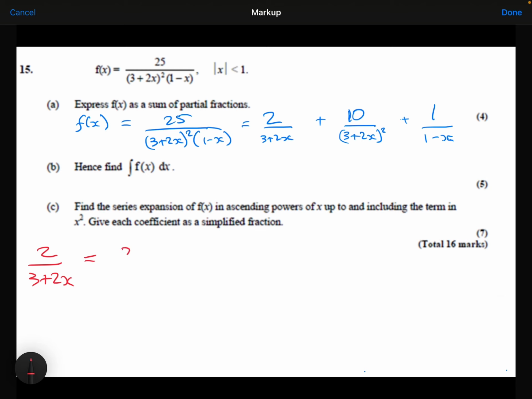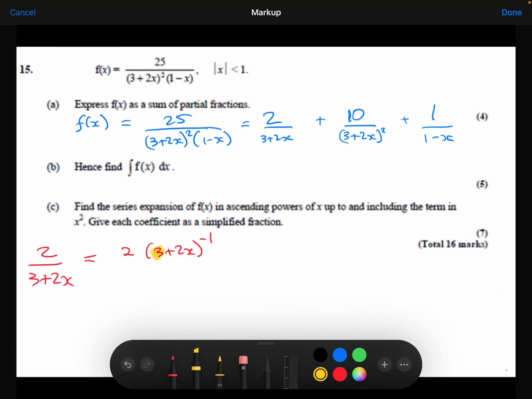So we can rewrite this as 2 times 3 plus 2x to the power minus 1. But I'm not allowed to have a 3 here at the front because that needs to be a 1. So I need to factorise that 3 outside. Let's leave the 2 there for a minute. If I factorise the 3 outside, I'll get a 3 to the power minus 1 because the 3 is still to that power.